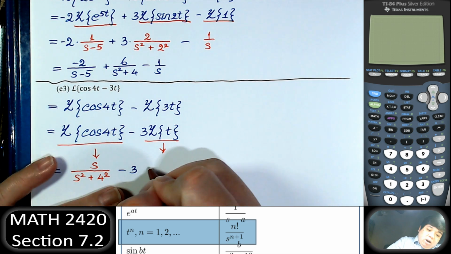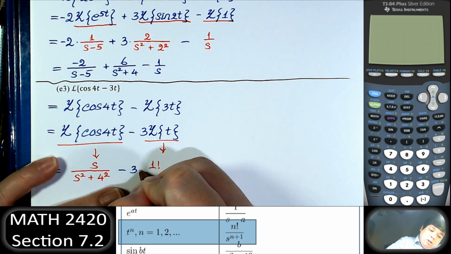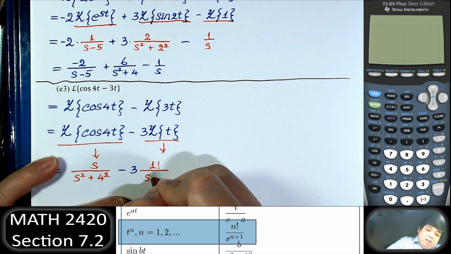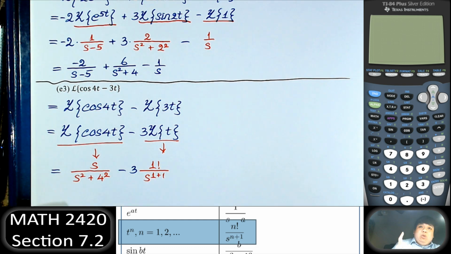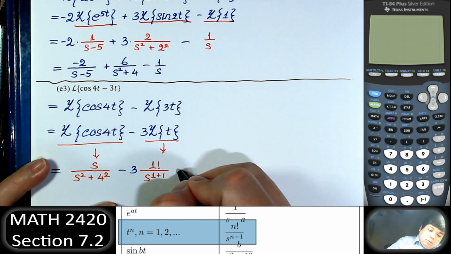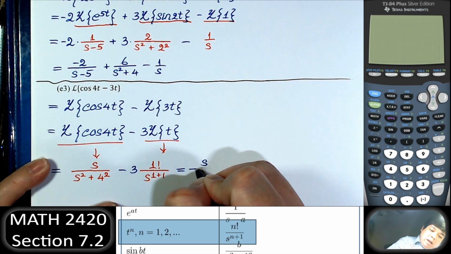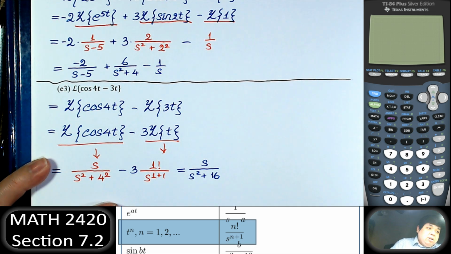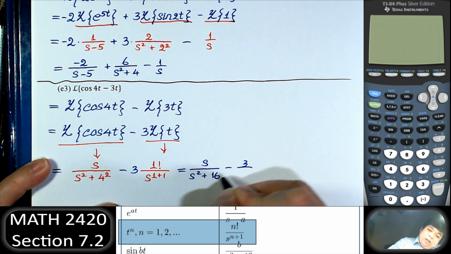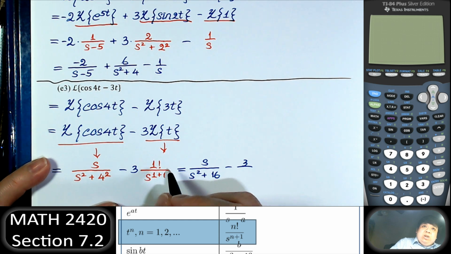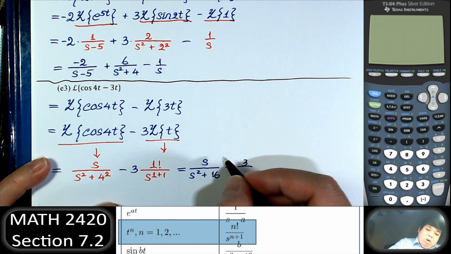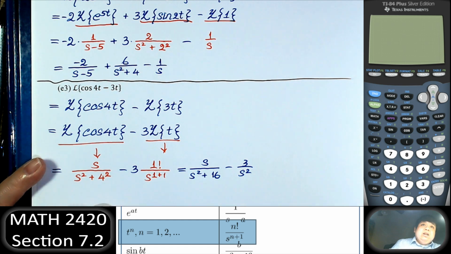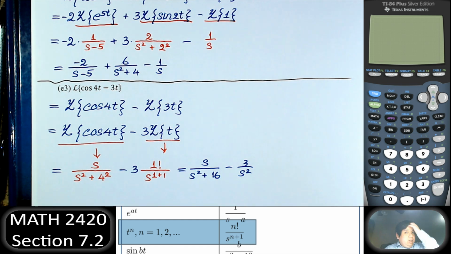So we will have 1 factorial over s to the 1 plus 1. Yeah, n equal to 1, so we put that into the formula. So s over s squared plus 16 minus 3, 1 factorial is 1, so 3 times 1, over s to the 1 plus 1, s squared. So that's what we have.